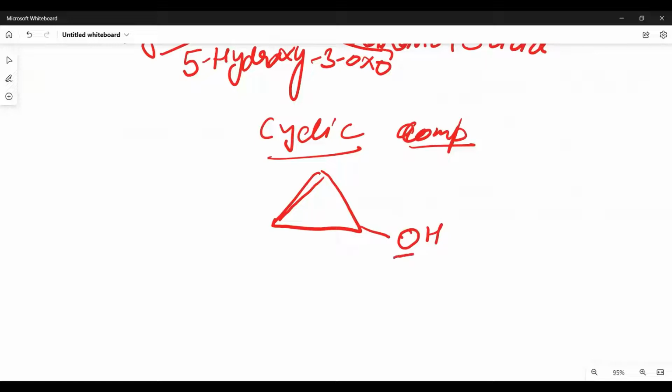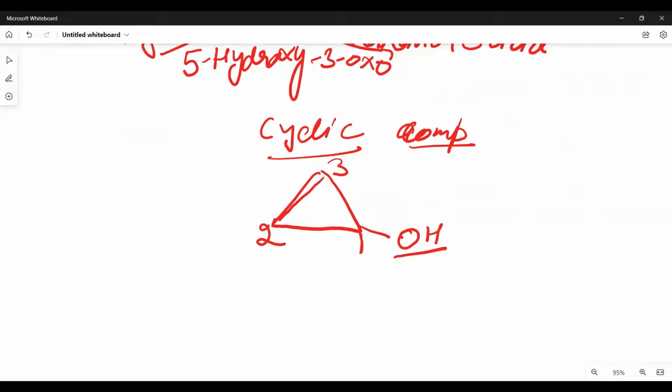According to the priority rule, OH will get preference. So it will be 1, 2 and 3. Whether you go clockwise or anti-clockwise, the double bond will get the second number from this side or from that side. So you can easily take either side, and you will get the double bond at the second position.